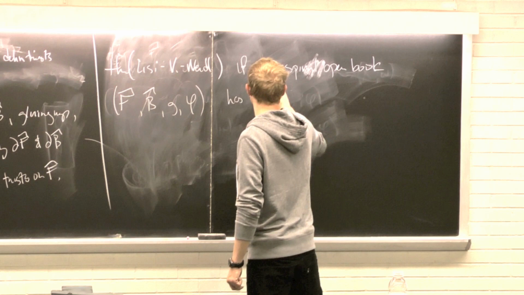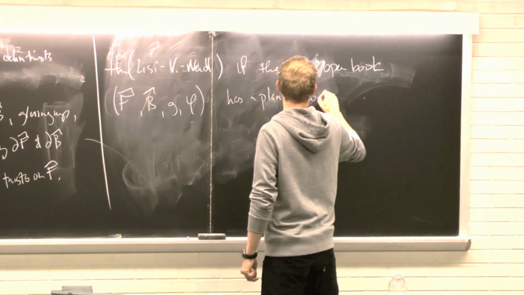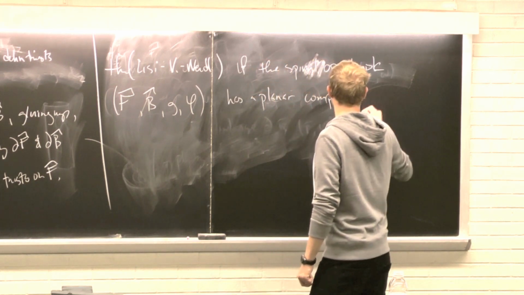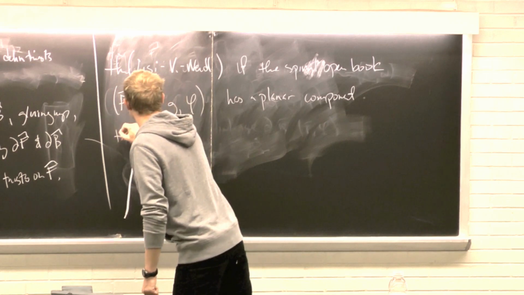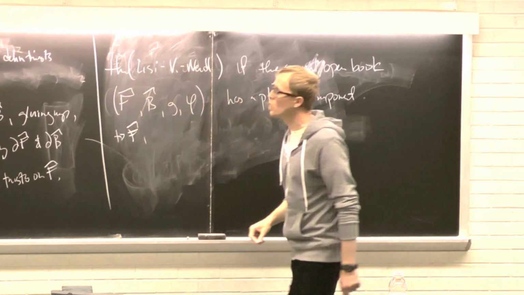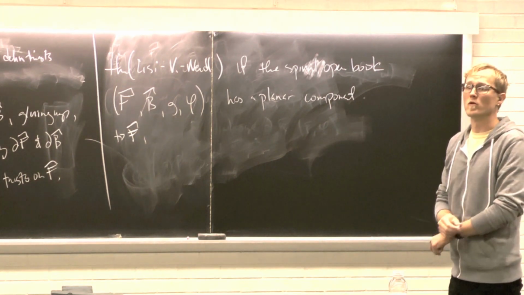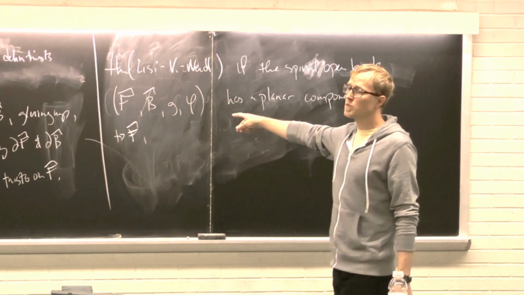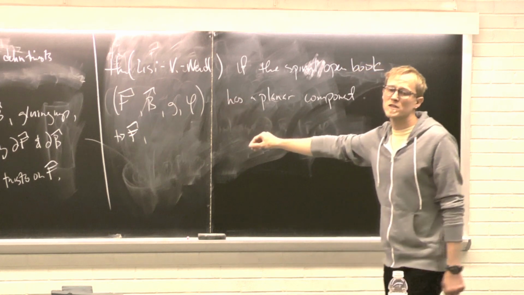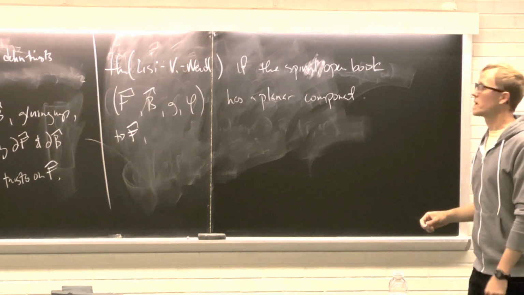If one of the components of F hat is planar, then Chris's theorem holds. That is, then any symplectic filling of this has a Lefschetz fibration, whose boundary is your spinal open book.